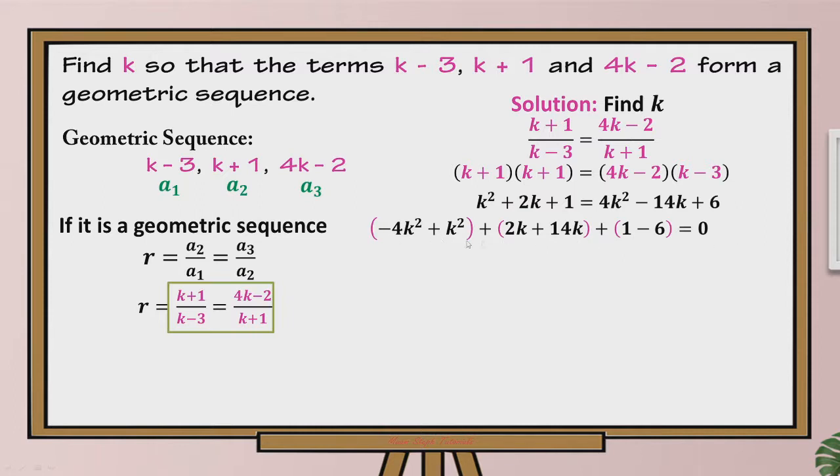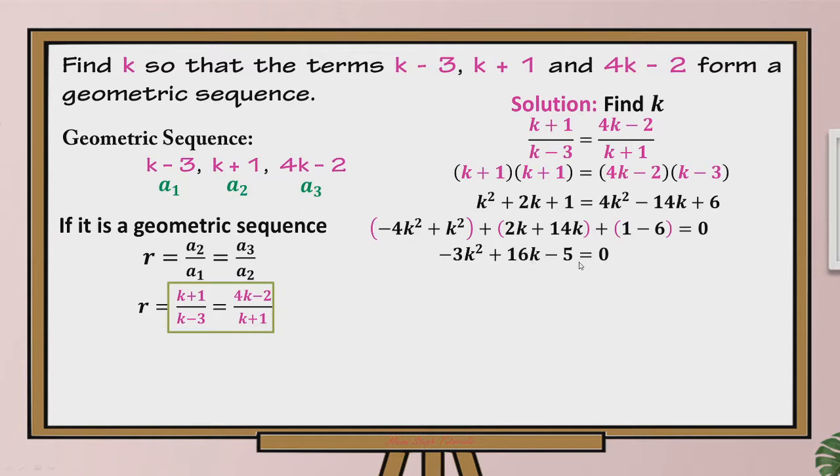So, if we're going to simplify these expressions, we have negative 3k squared as the result of negative 4k squared plus k squared. And then 2k plus 14k is equal to 16k. And then 1 minus 6 is negative 5 equals 0. So we have our quadratic equation in standard form.